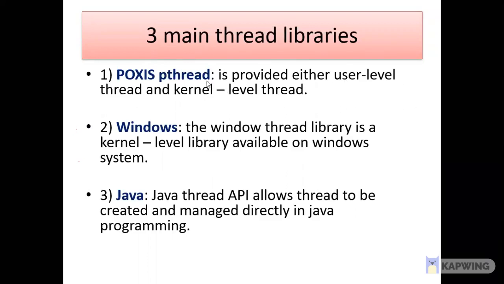The Windows thread library is a kernel-level library available on Windows systems. So POSIX is user level or kernel level, and Windows is kernel level. The third one is Java. The Java threads API allows threads to be created and managed directly in a Java program or by the Java virtual machine.